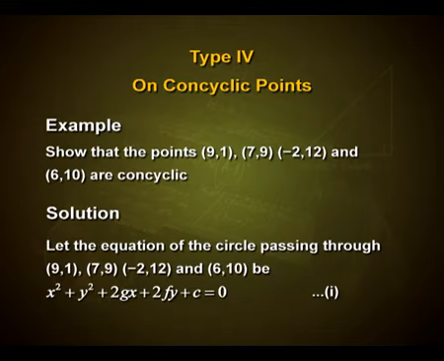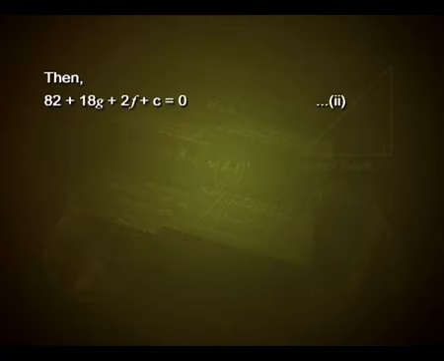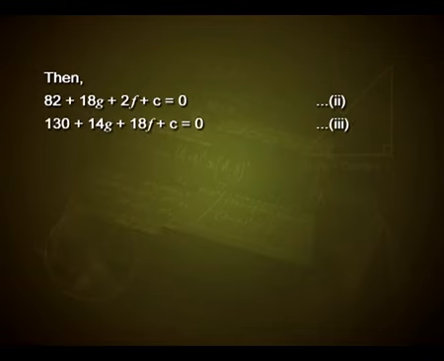Then we have 82 + 18g + 2f + c = 0 as second equation, and 130 + 14g + 18f + c = 0 as equation number 3, and 148 − 4g + 24f + c = 0 as equation number 4.